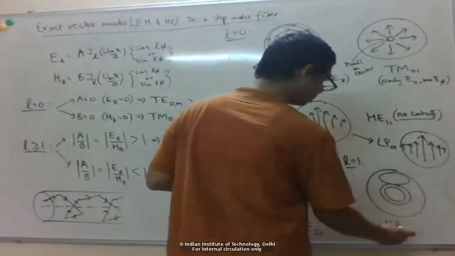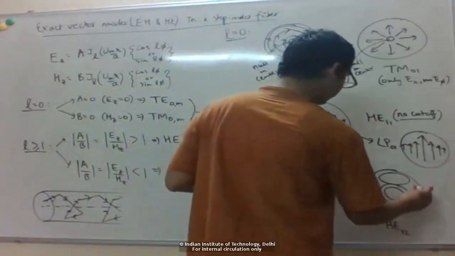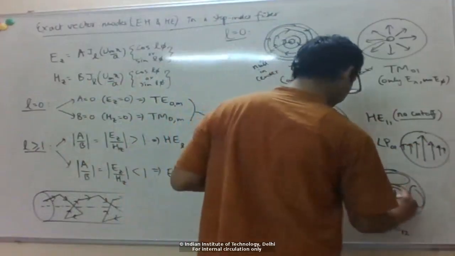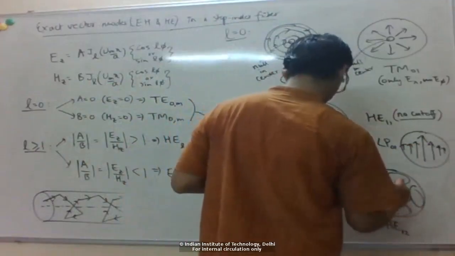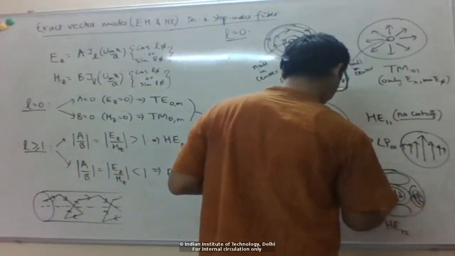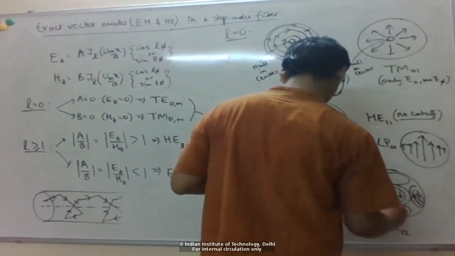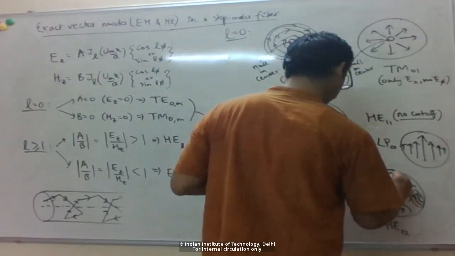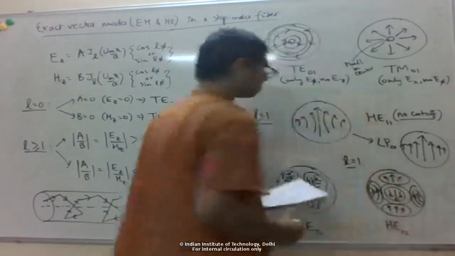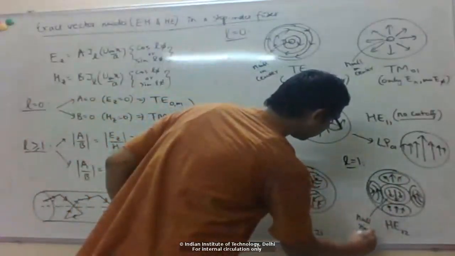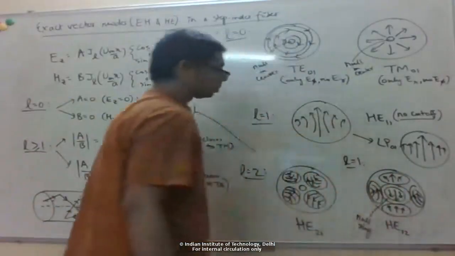And then because of this L equal to 1 again, we get this sort of azimuthal dependence. So it looks like this with a null ring here. At a particular r, it goes to 0.